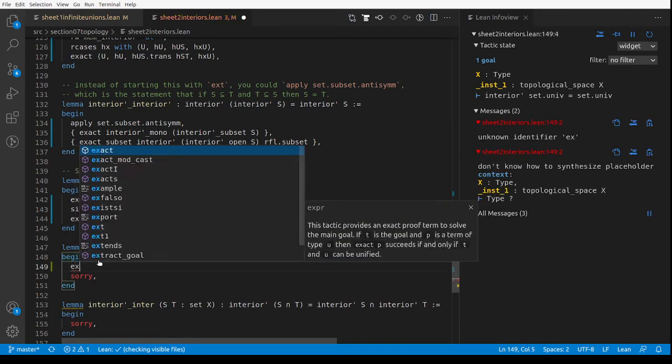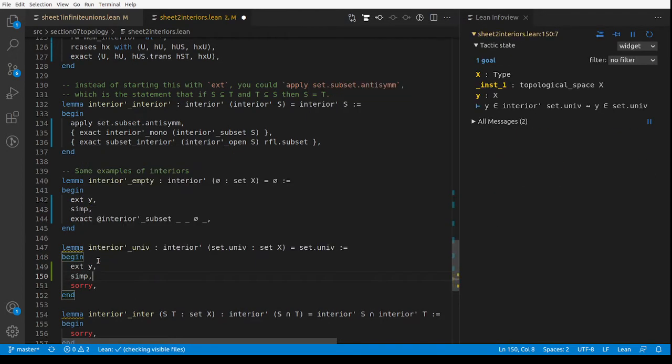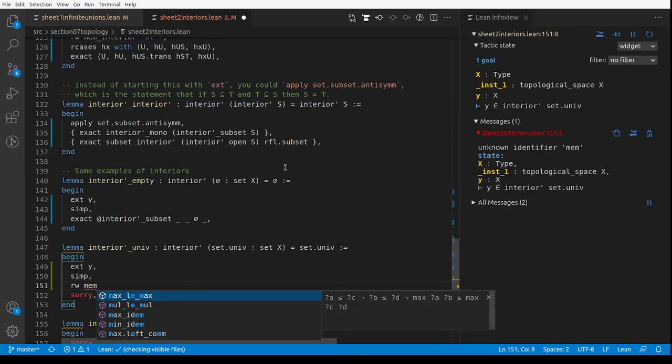Oh, I want to do the same thing here. X to y simp. I've got to prove that y is in the interior of the univ. Aha. So I claim that that's true because univ is open. How am I going to prove that? I'm going to rewrite, I think I'm going to do mem interior.